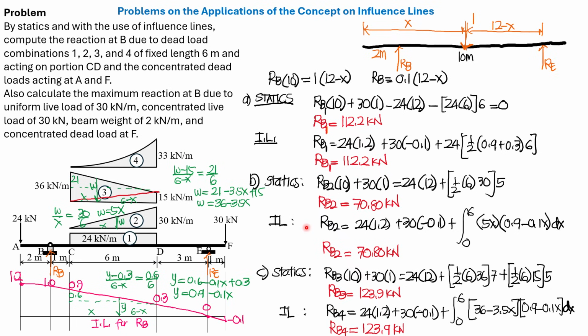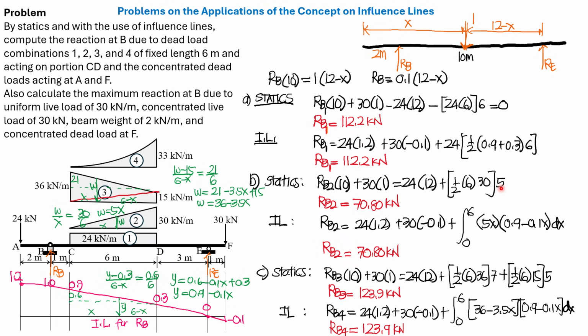Next is due to this triangular load by statics, RB2 times 10 equals plus 30 times 1 plus 24 times 12, then plus the moment of this triangular load, 1/2 of 6 times 30. This is 2. 2 plus 3 is 5.